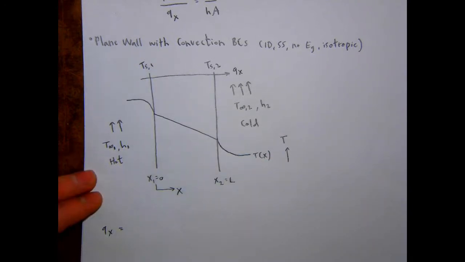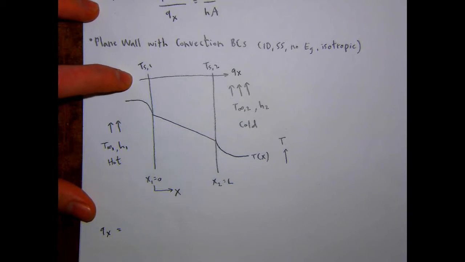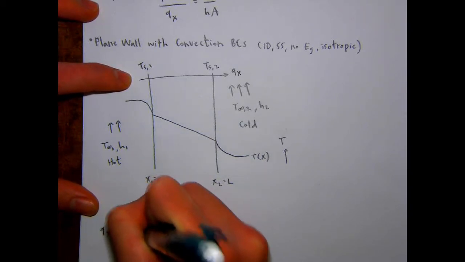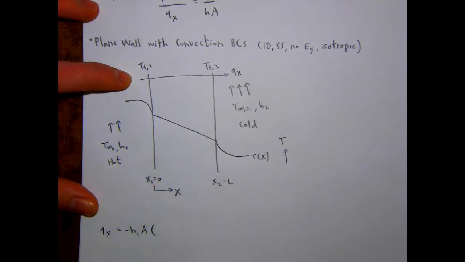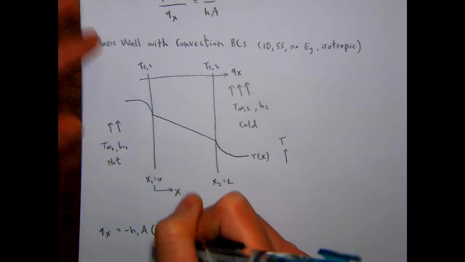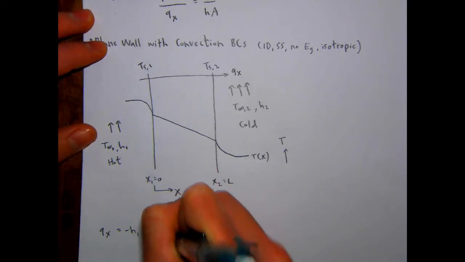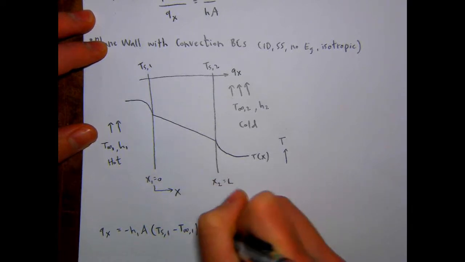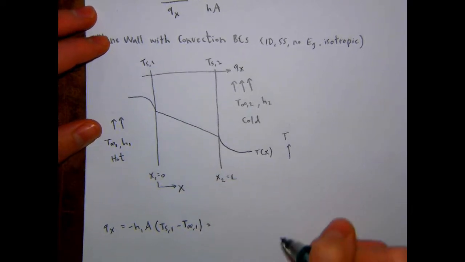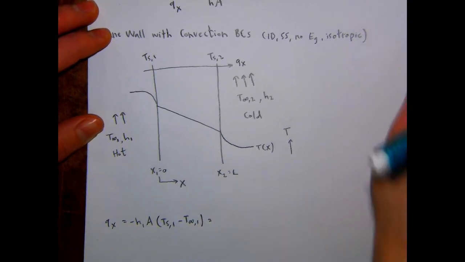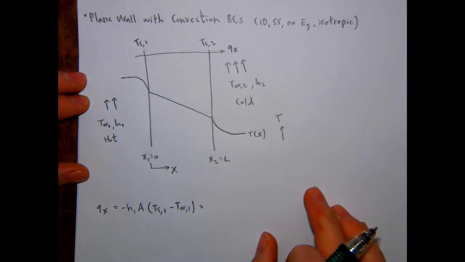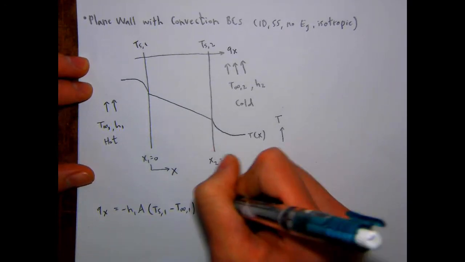So we can write down this first convection problem. It's going to be equal to negative H1A. Remember T2 minus T1. So in this case, X is going in that direction. So we've got TS1 minus T infinity 1. And that is equal to the conduction through the wall.